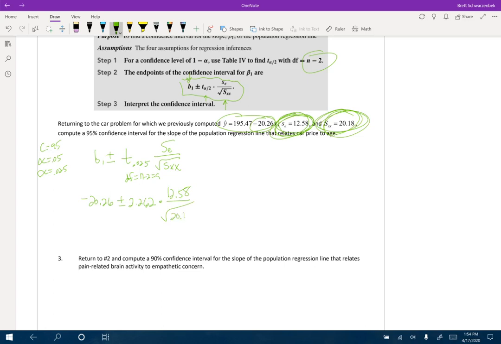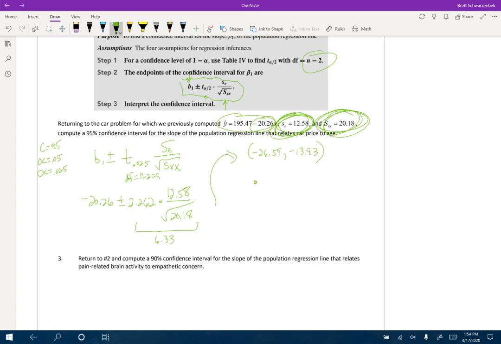If we do that, this value over here is approximately 6.33. So we are going to get an interval of negative 26.59 to negative 13.93. There are two statements of importance.